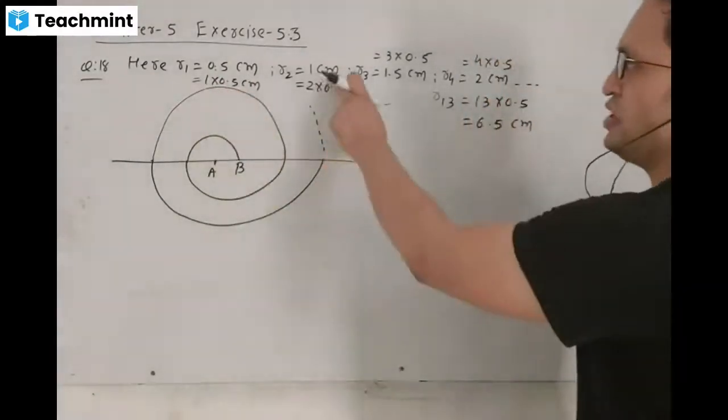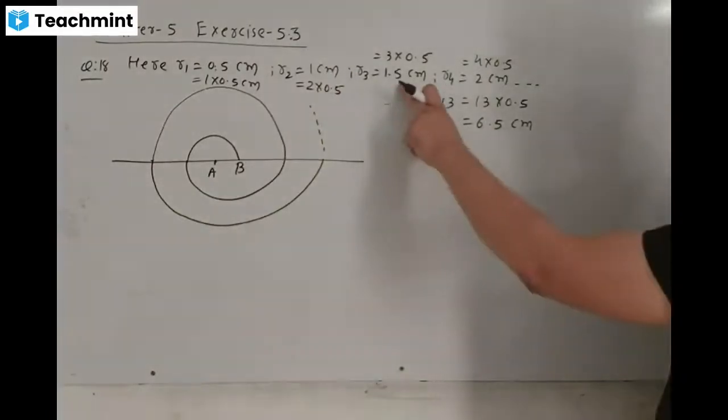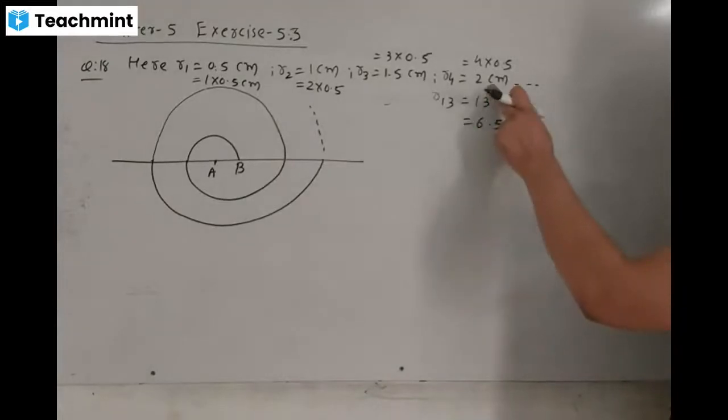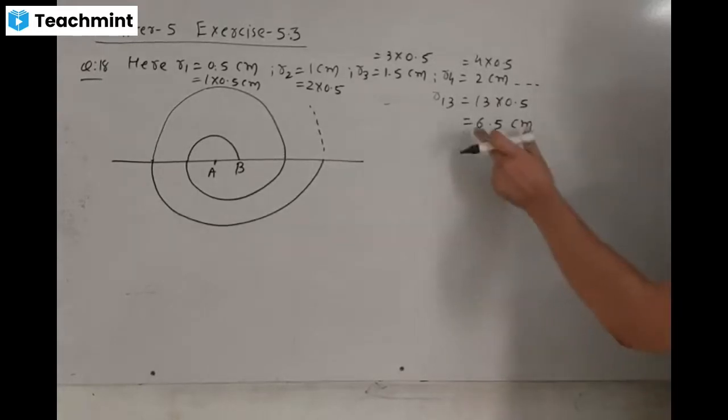R2 is equal to 1 centimeter, that is 2 multiply 0.5. R3 is equal to 1.5, that is 3 multiply 0.5. R4 is equal to 2 centimeters, that is 4 into 0.5. Similarly, for 13 consecutive semicircles, R13 is equal to 13 into 0.5. That last semicircle radius is 6.5.